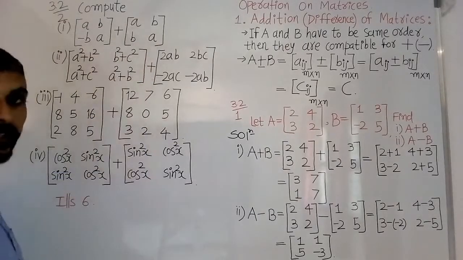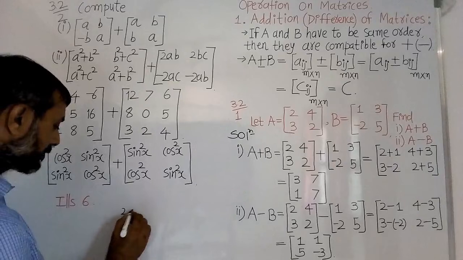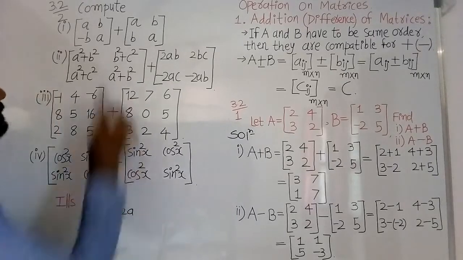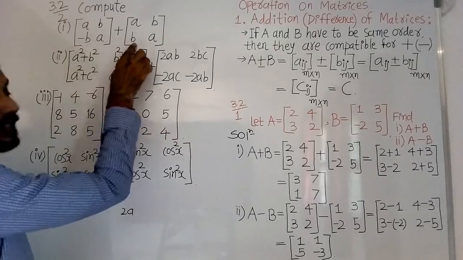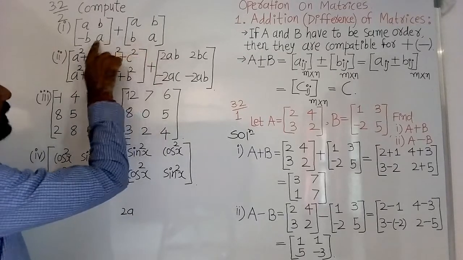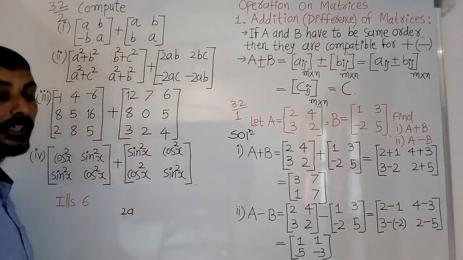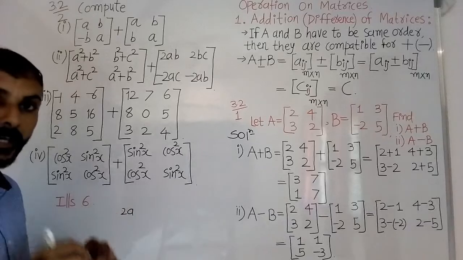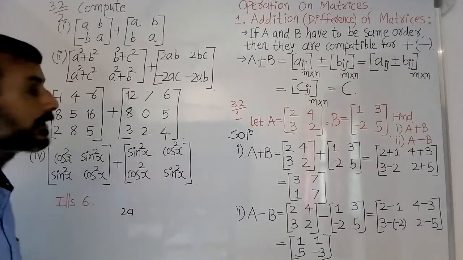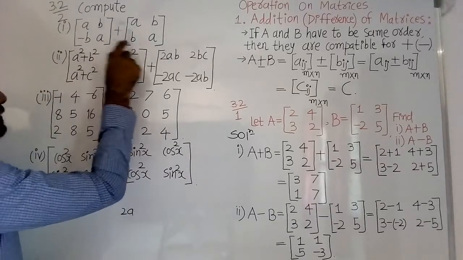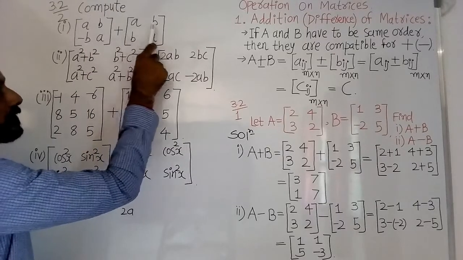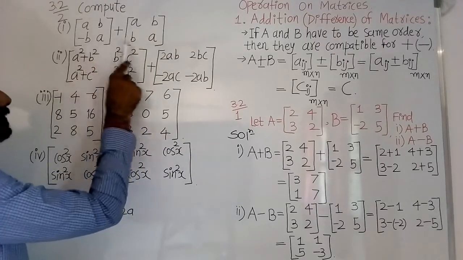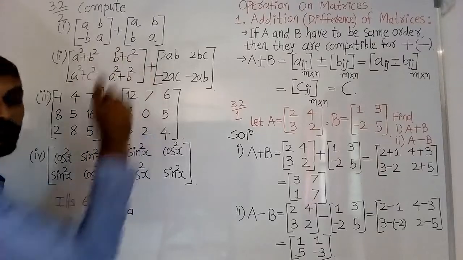A plus A, 2A, B plus B, 2B, minus B plus B, 0, A plus A, 2A. Write and add corresponding elements. First 1 1 position, 1 2 position, 2 1 position, 2 2 position.